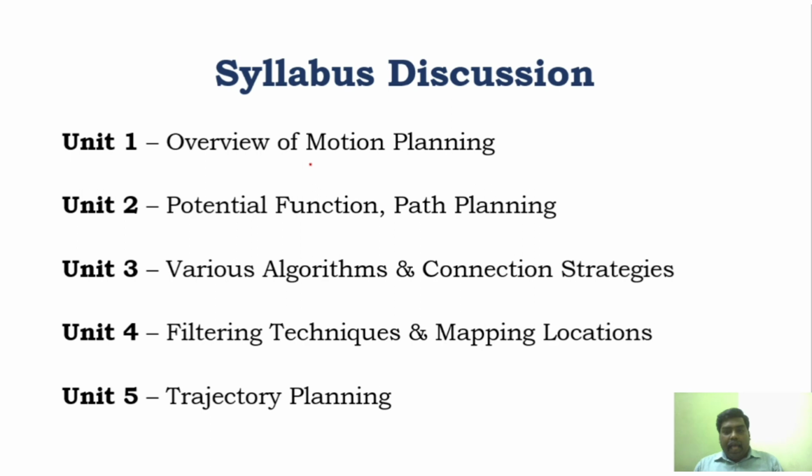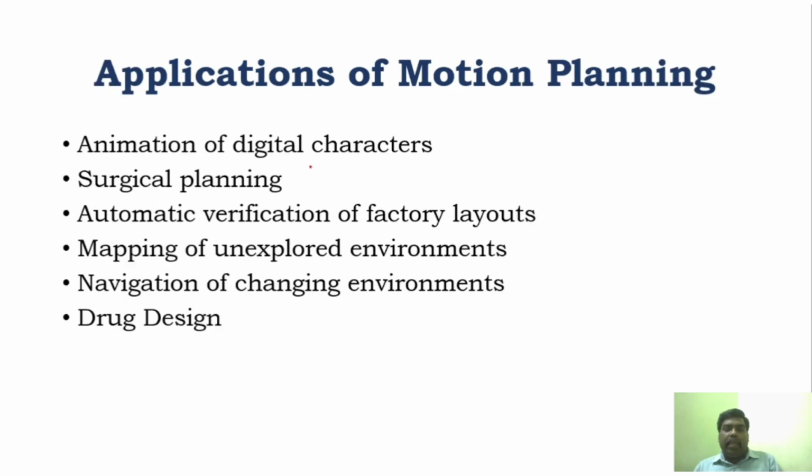Now I'll give you a basic introduction about motion planning. In mathematics, there is one particular problem which is called the piano movers problem. It is a mathematical problem of the configuration of a space.